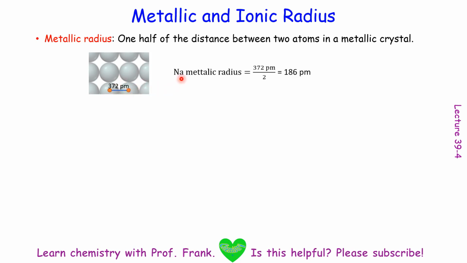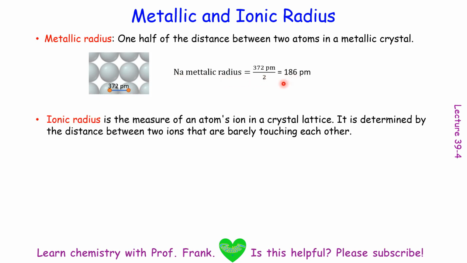For example, sodium, the metallic radius is 186 picometers. Now let's take a look at ionic radius. It is determined by the distance between two ions that are barely touching each other.